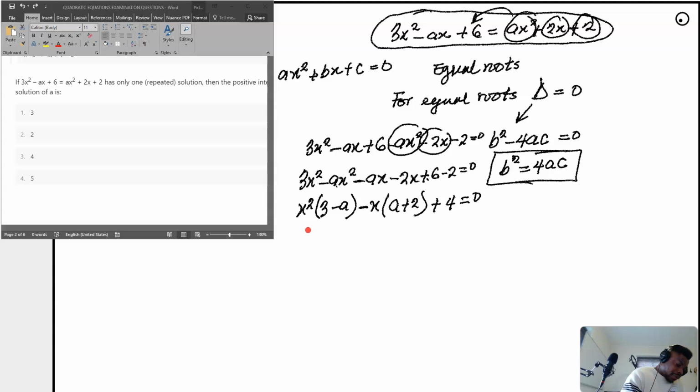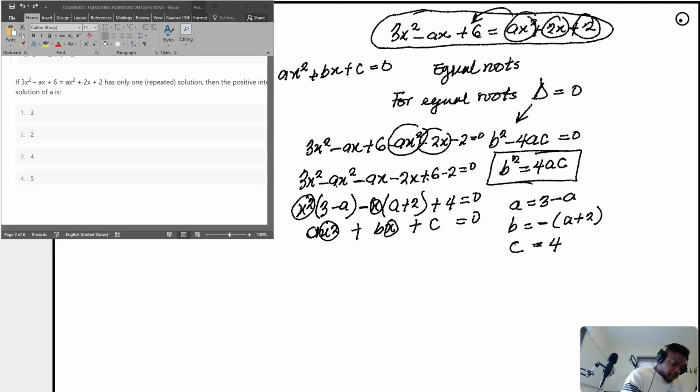So I can now compare with ax squared plus bx plus c is equal to 0. So we can get abc. So x squared is x squared. So my a is 3 minus a. x is x. So my b is minus bracket a plus 2. Then my c is equal to 4.